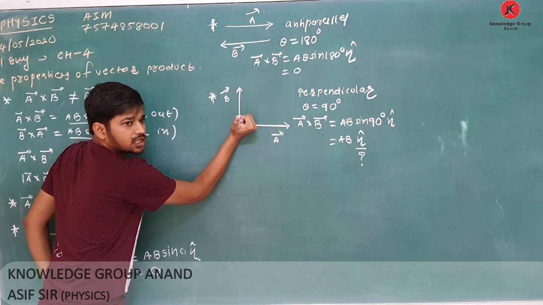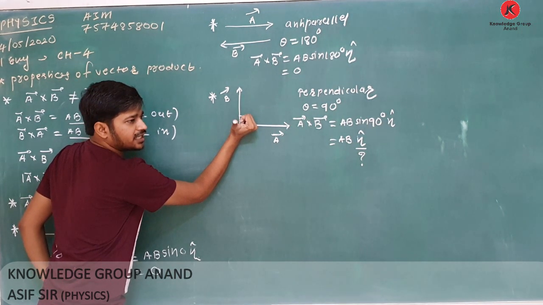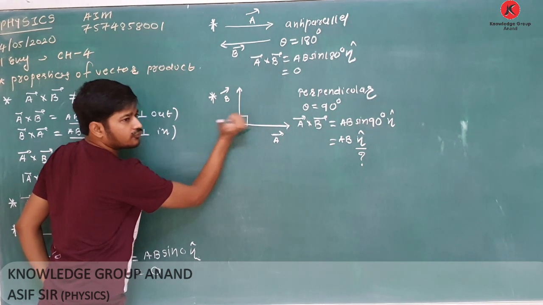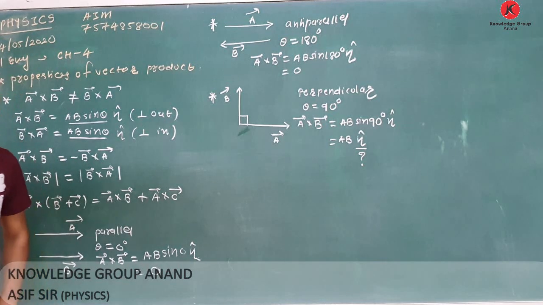So this stretched thumb indicates the direction of A cross B.